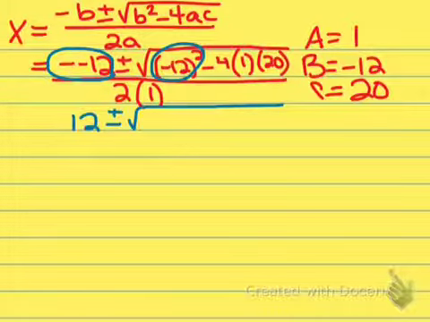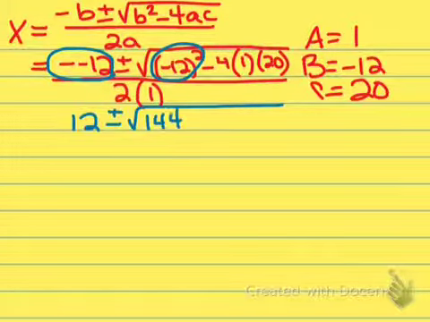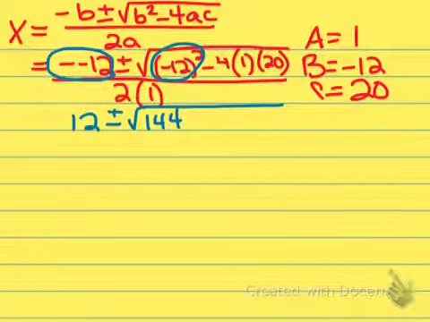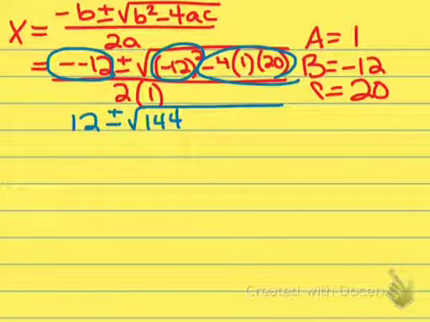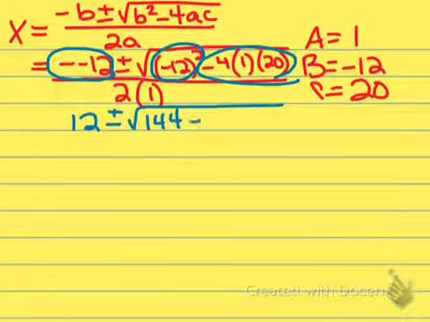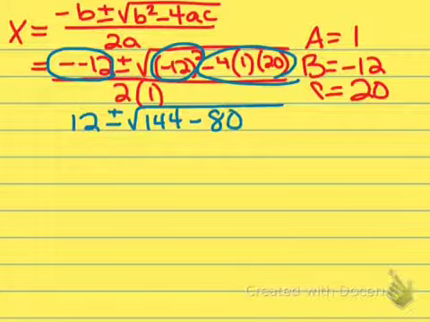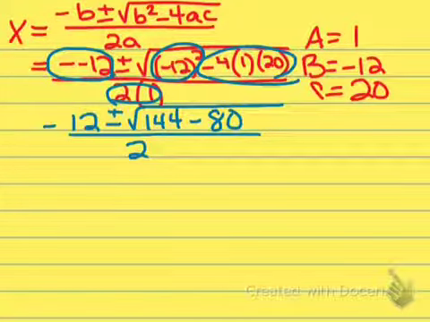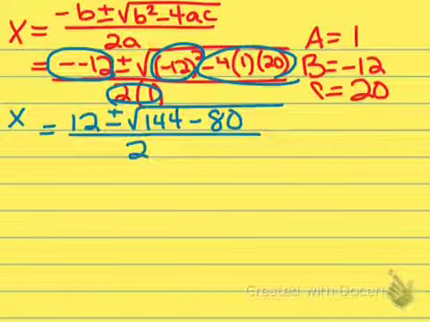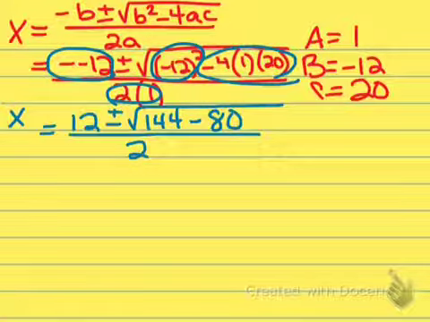Negative 12 squared is 144. Okay, that's one term. Here's another term. So negative 4 times 1 times 20 is negative 80. And then at the bottom there we had 2 times 1, which is 2. So far, so great.